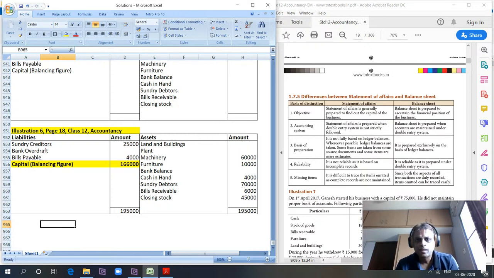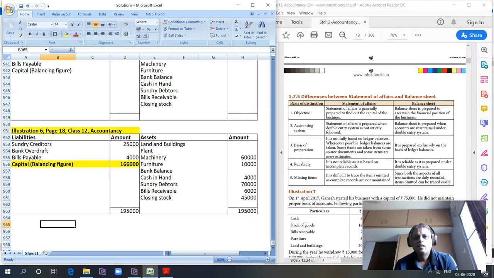Whereas a statement of affairs is sometimes prepared based on the memory of the person who owns the business, and it is not fully based on ledger balances. A balance sheet is a reliable document prepared under the double entry system, reliable even for assessing the financial health of the business. But a statement of affairs is not reliable, and it is based on incomplete records.